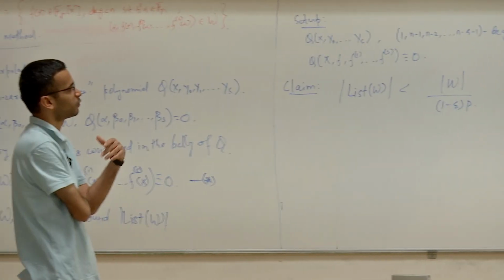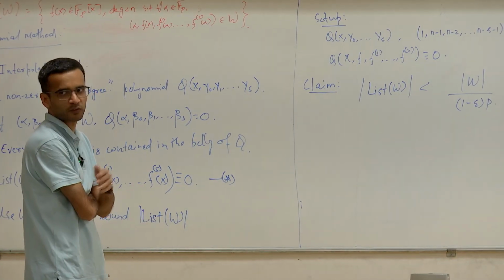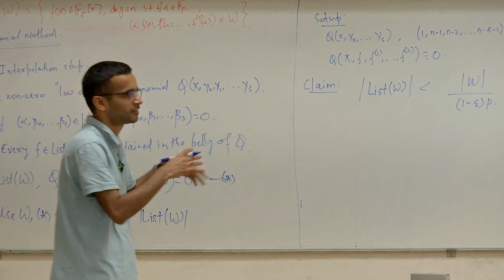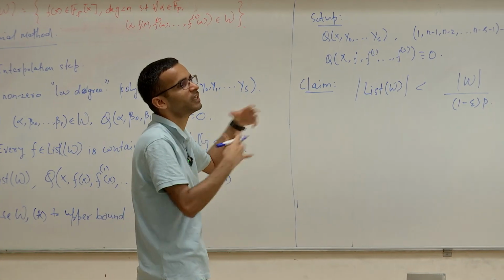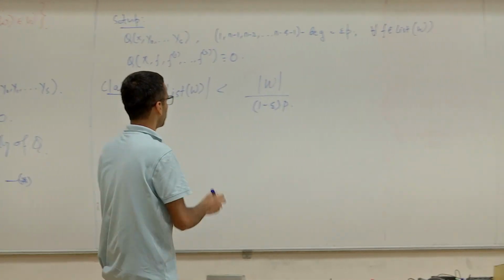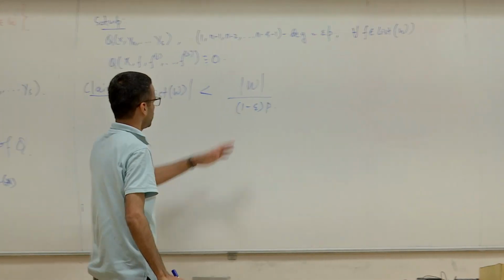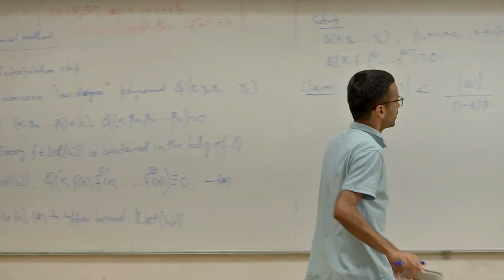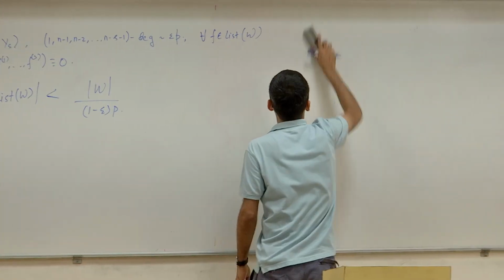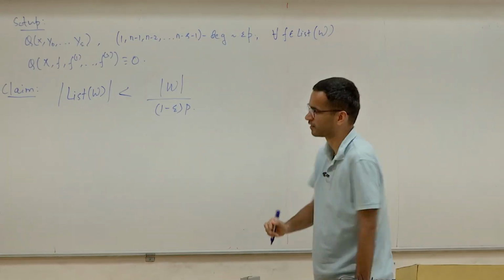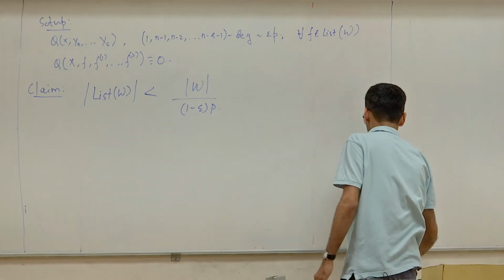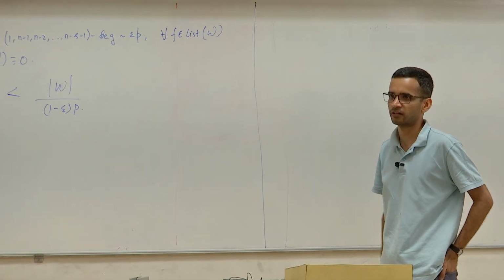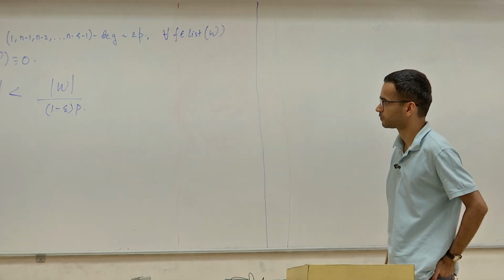For W being 1 minus epsilon pk, this gives you what you want. But this is what we'll prove. This is why I said the proof will not use the fact that W is equal to that. And in fact, we'll prove this bound by, there will be some induction involved, which there are a couple of ways of inducting on things. I will be a little hand wavy about that, but we'll see. So this is what we want to prove, and this implies the main theorem that we intended to prove.